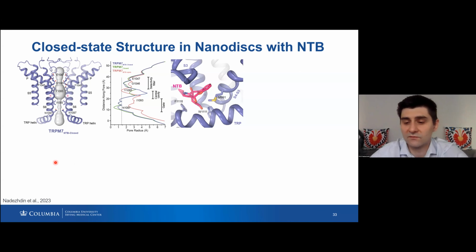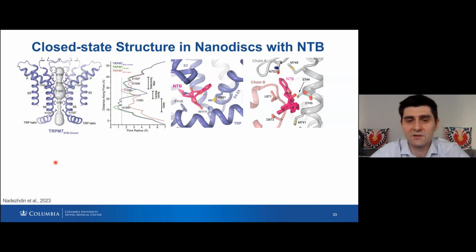Interestingly, and this was very surprising for us, naltriben binds in a completely different spot. So basically, it looks like when naltriben finds the TRPM7 channel, it has two choices: either go to one side or go to another side. We didn't see any overlap of binding.